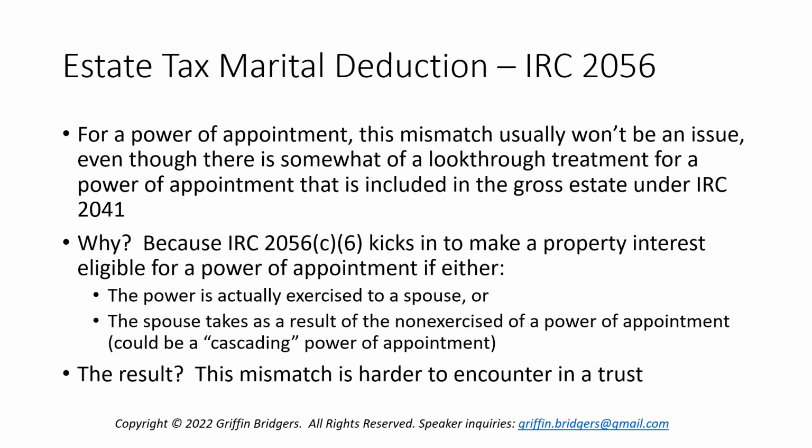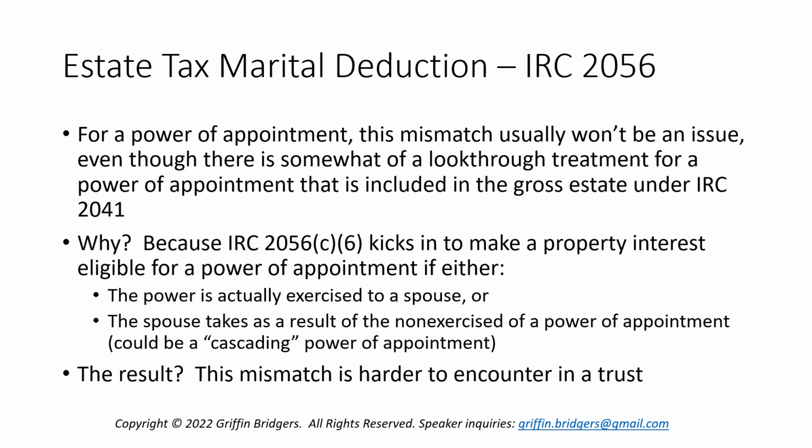Now, in this scenario, if we have a power of appointment involved, the mismatch usually won't be an issue, even though technically the power of appointment applies to a trust interest, whereas the gross estate inclusion is for the underlying assets of the trust.